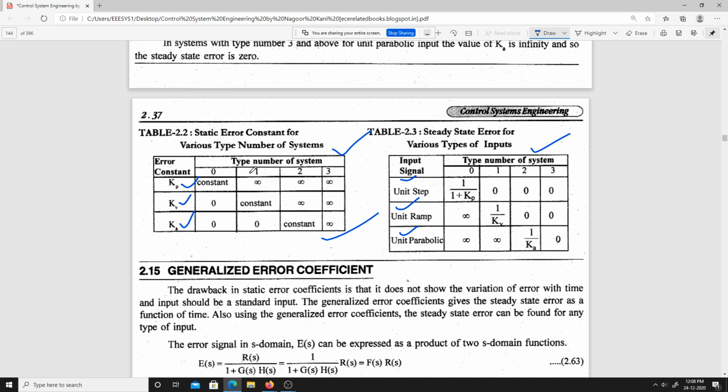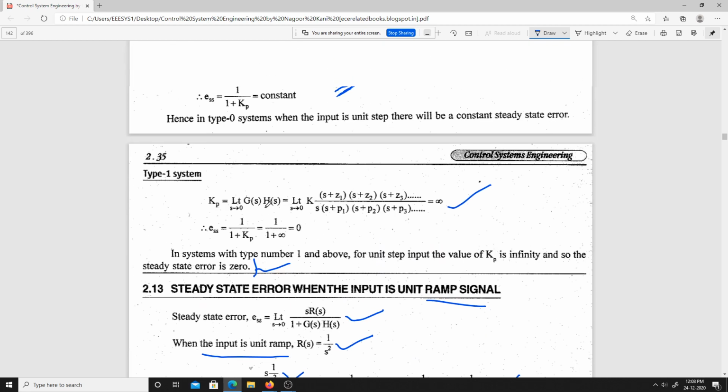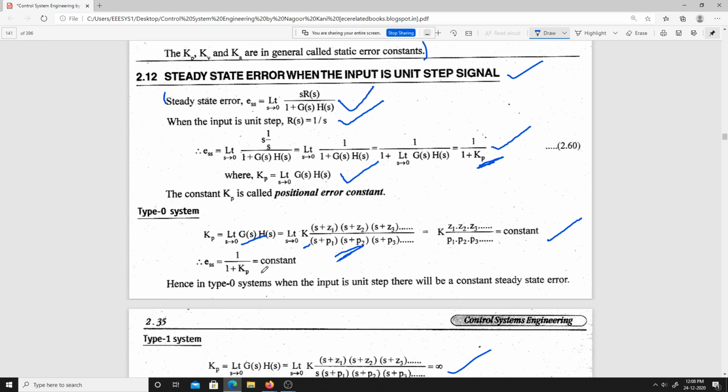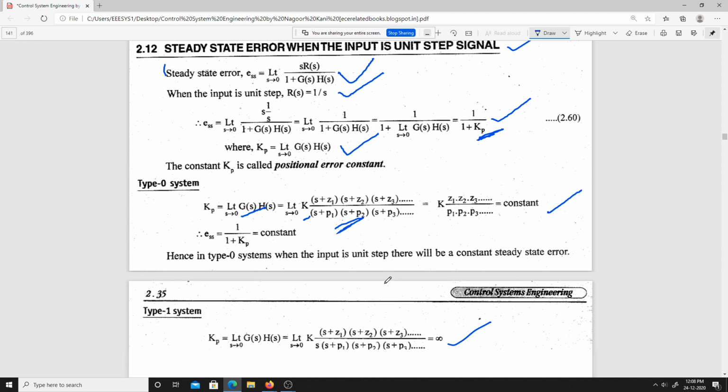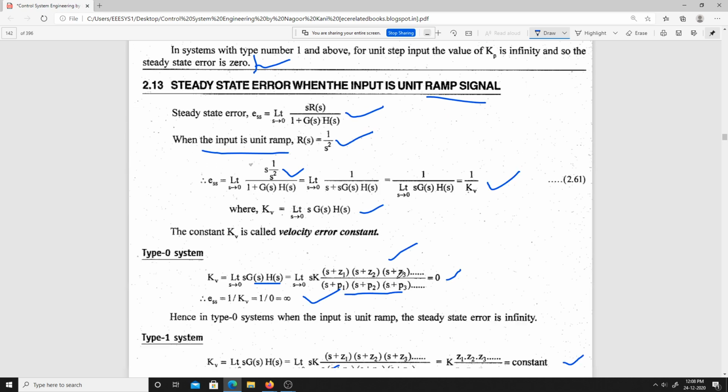From type 1 and above, kp will be infinity. Is it clear? See here, for type 0 it is a constant, and for type 1 and above, kp will be infinity. Type 1, type 2, whichever you take, kp will be infinity.